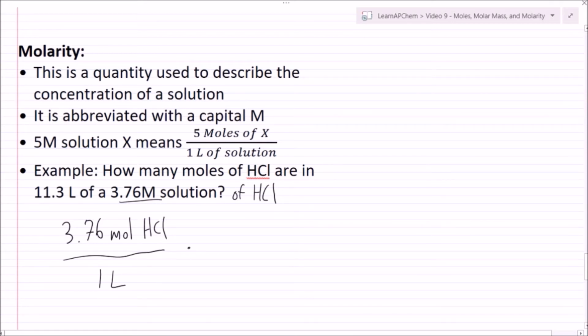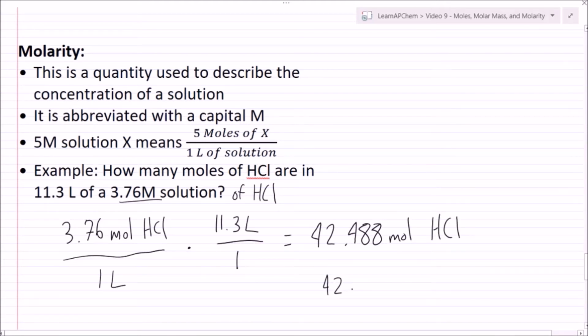Now, I just need to multiply through by 11.3 liters, and this is going to give me the amount of moles. So 3.76 times 11.3 leads me to 42.488 moles HCl. Rounding the sig figs, we get 42.5 moles of HCl in 11.3 liters of a 3.76 M solution.